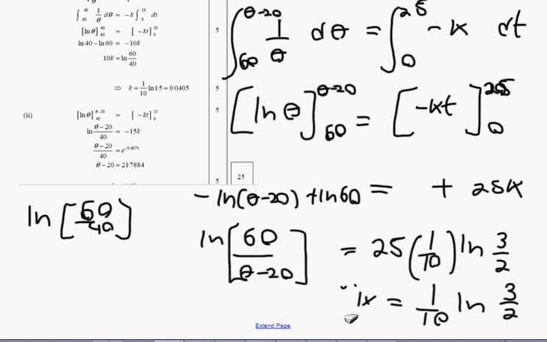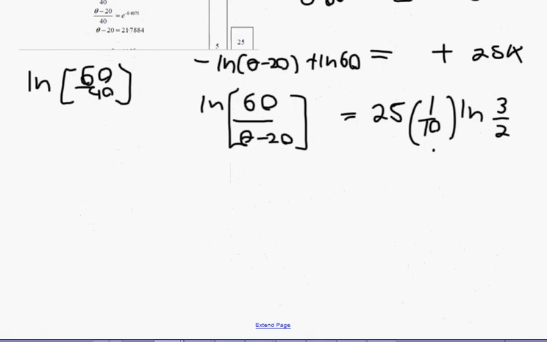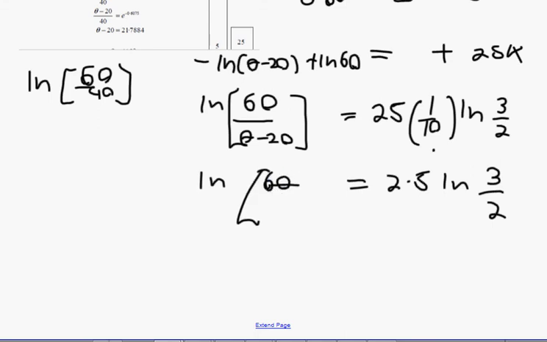Now that this is done, what we can do here is say that that's 2.5 ln 3 over 2, and we can say that that's ln of 60 divided by theta minus 20.